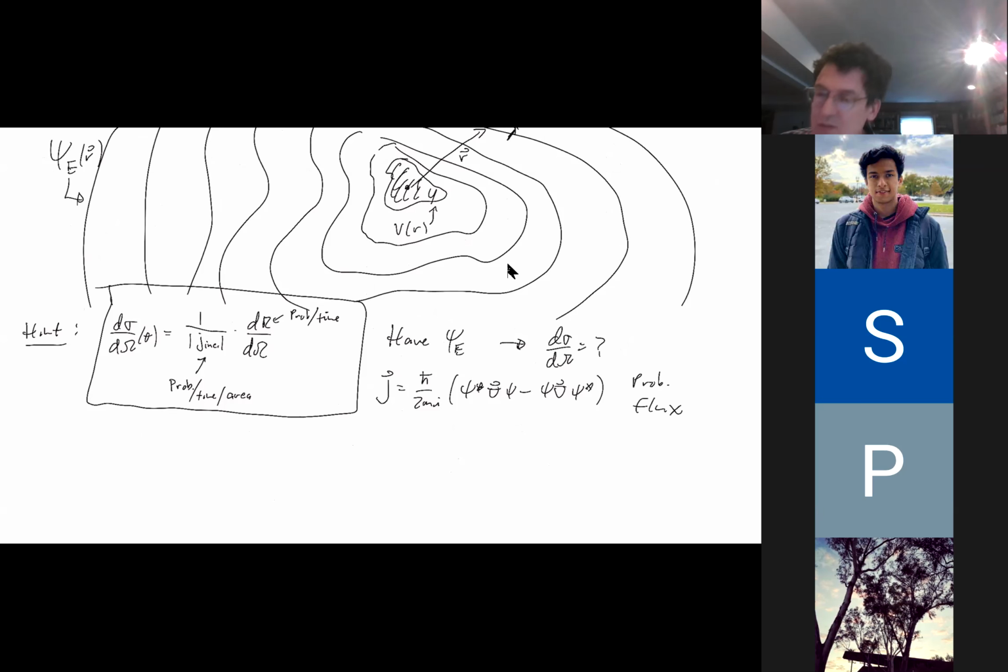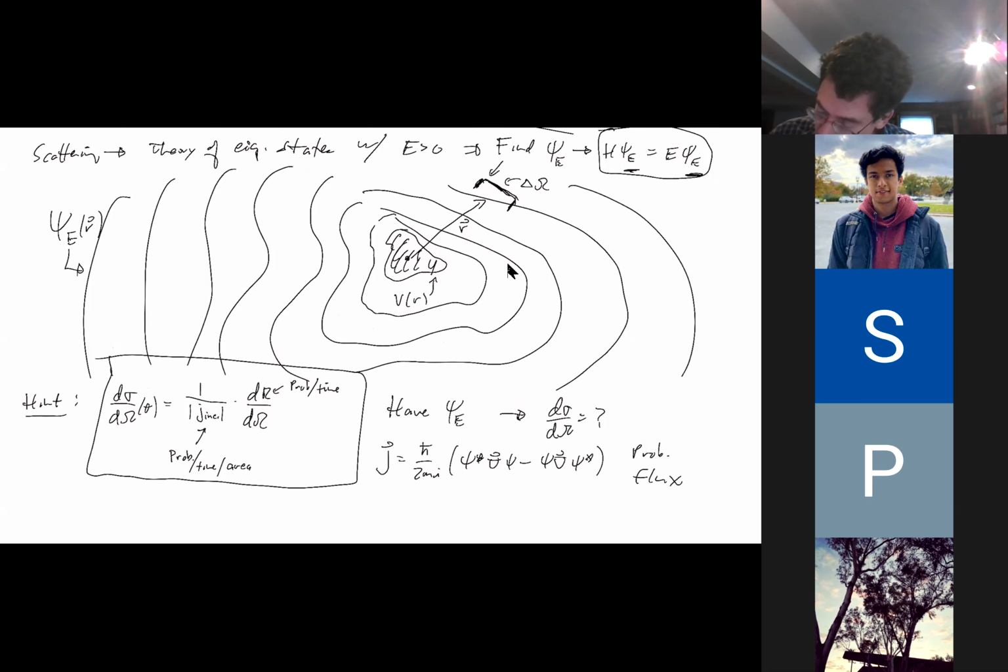The whole point is that once you have the eigenstate, you've got the probability flux. And once you have the probability flux, you have everything. For J incident, you just take the wave function way far away, because the J incident is here.